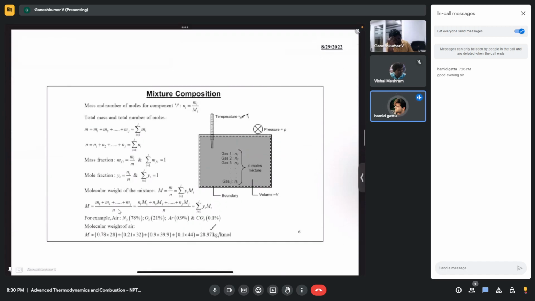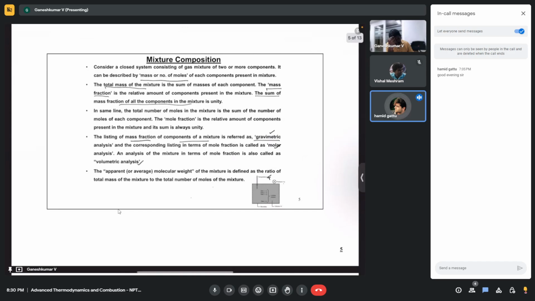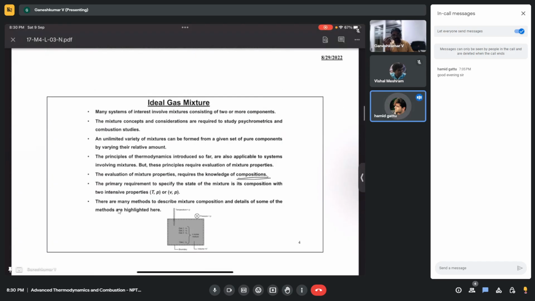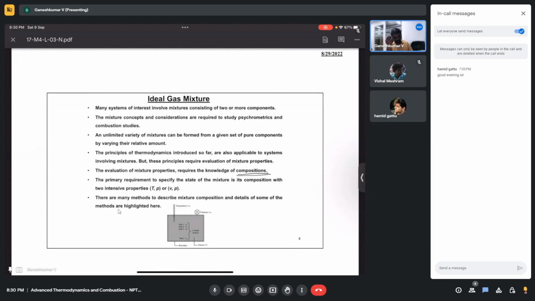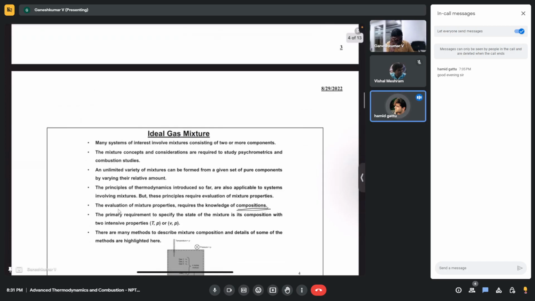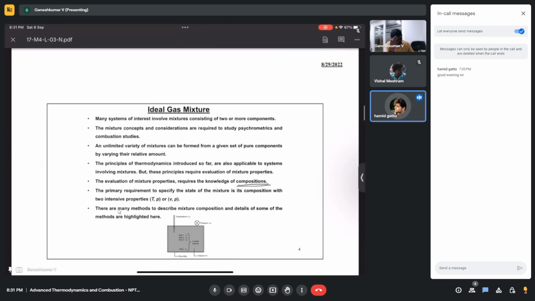So if the component is there alone and it is having a pressure, that will be the partial pressure. So that component alone within the same volume, right? Yes, Sir, within the same container it will have a pressure, that is the partial pressure. If we add the partial pressures of all the components, we get the pressure for the whole container.